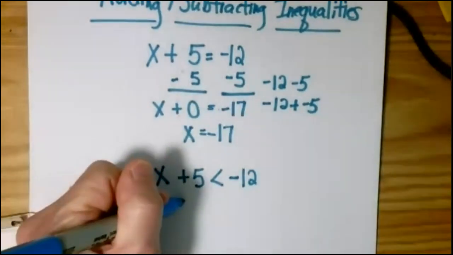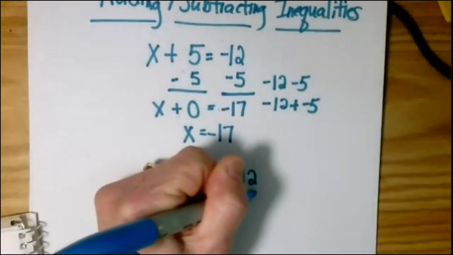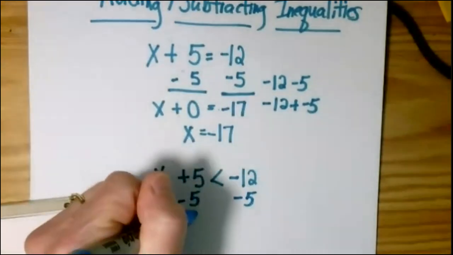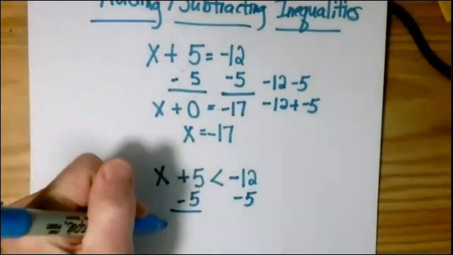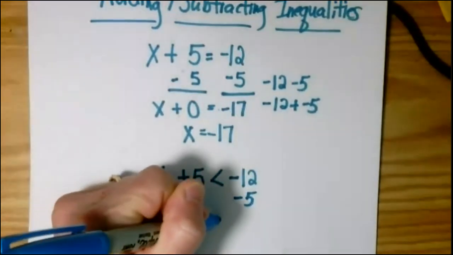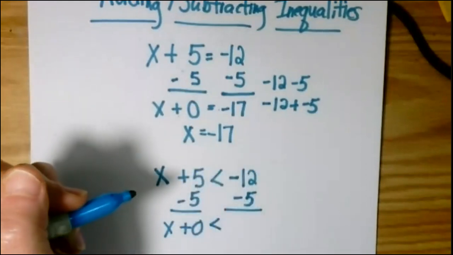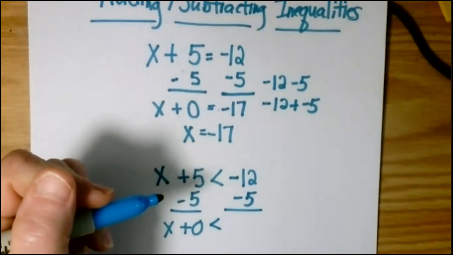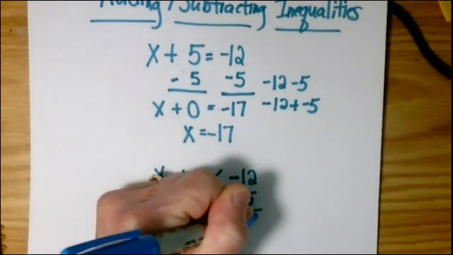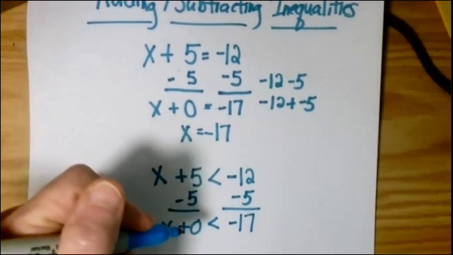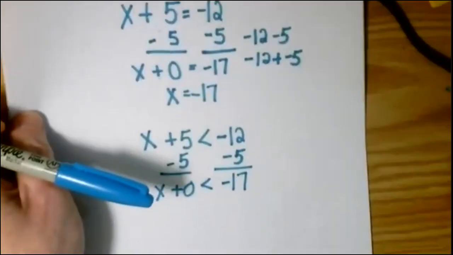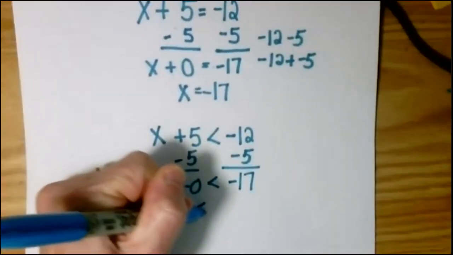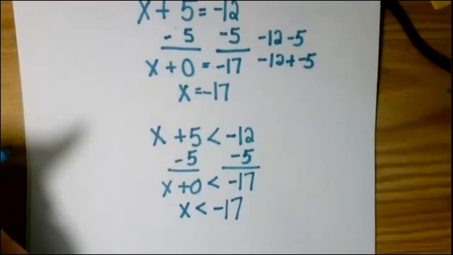So I'm going to subtract 5 from both sides using inverse operations. And I'm going to get x plus 0 is less than -12 minus 5, or negative 12 plus negative 5 is negative 17. I'm going to drop my 0. X is less than negative 17.